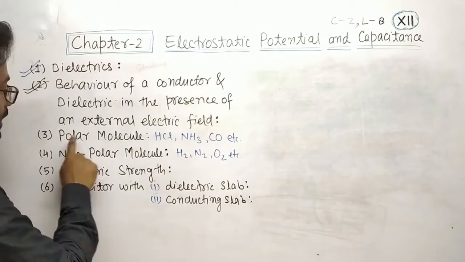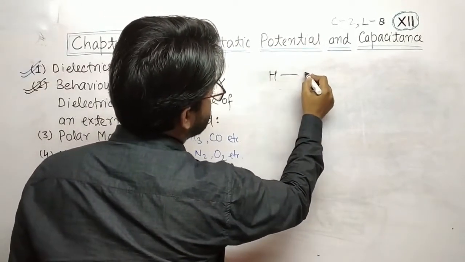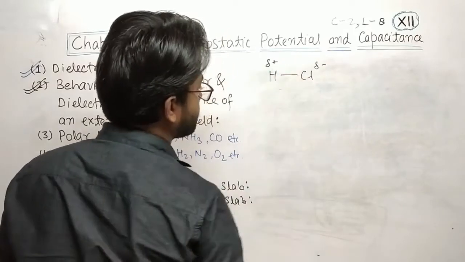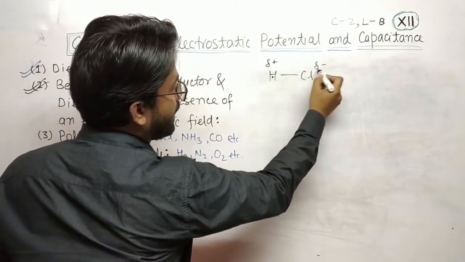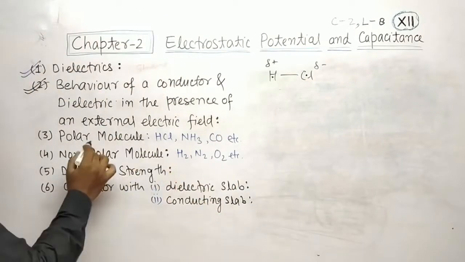Non-polar molecule and polar molecule. A polar molecule is HCl. This is partial negative and this is partial positive. The center of mass of positive charge is here and the center of mass of negative charge is here. This does not coincide, that is a polar molecule.